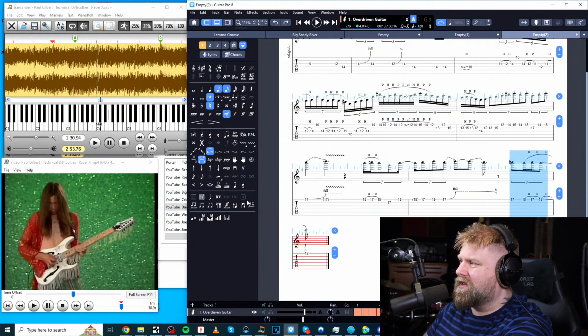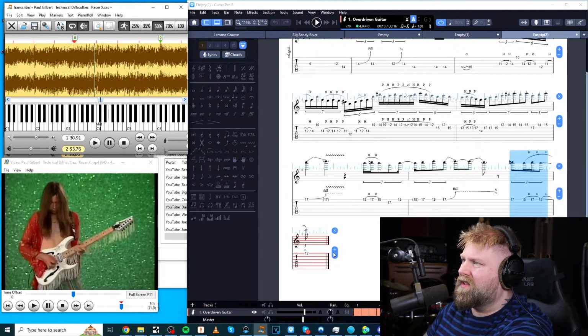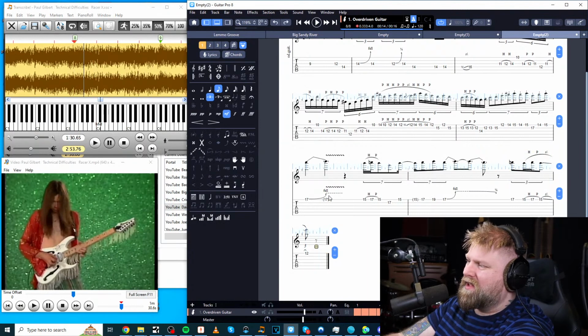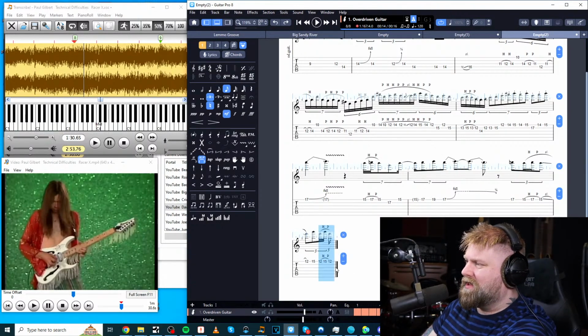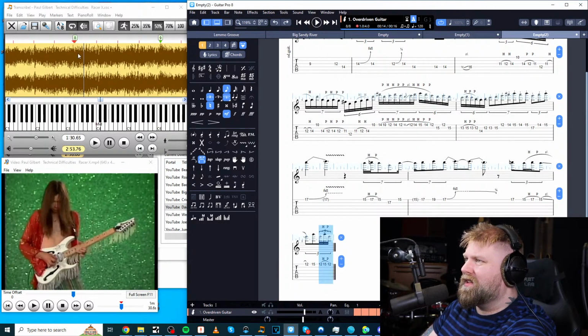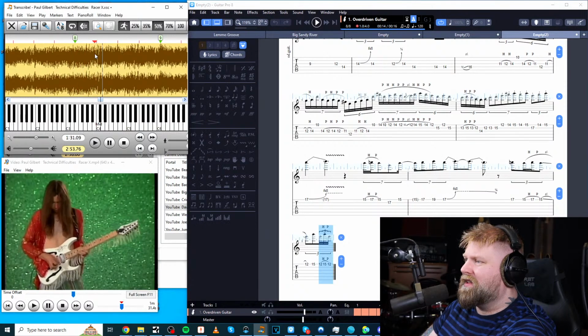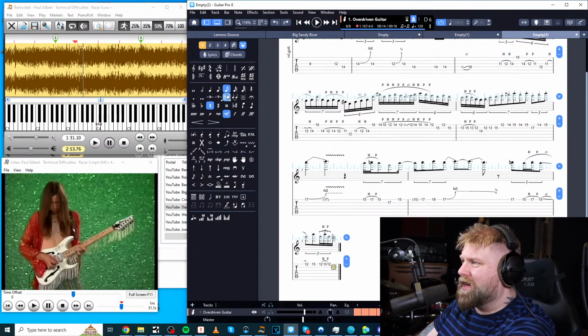You do this. You could do a nested tuplet here. Like this. Get rid of all the nested tuplets.